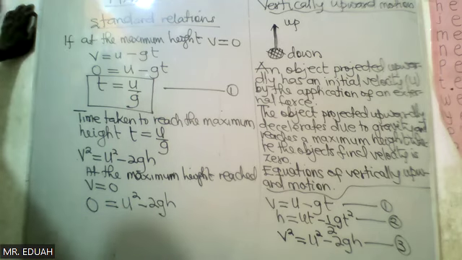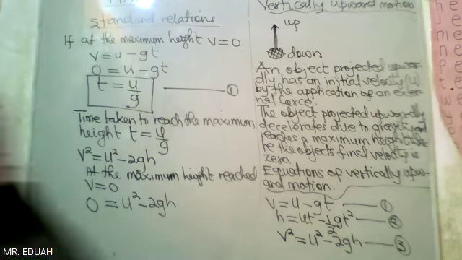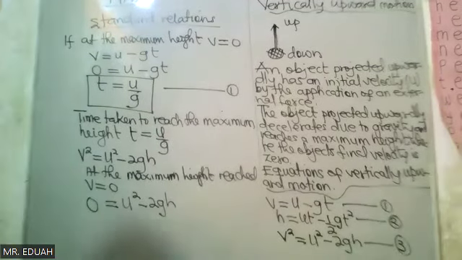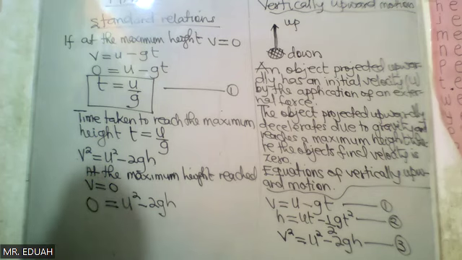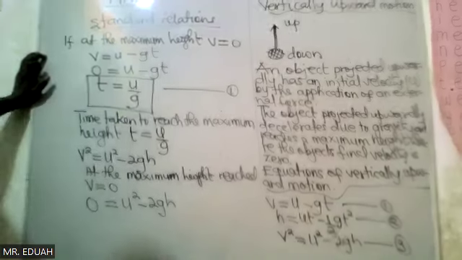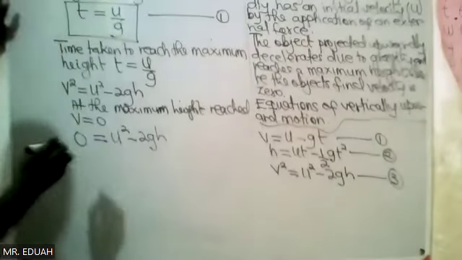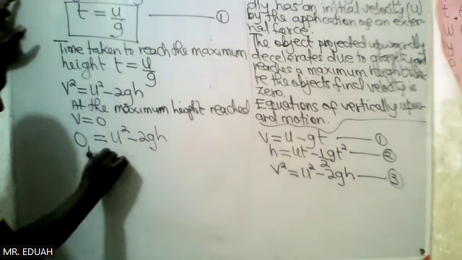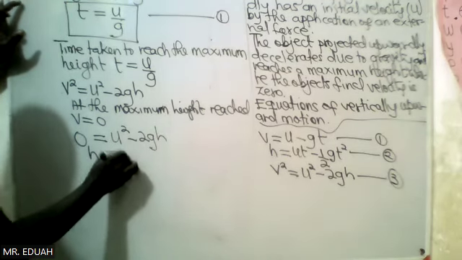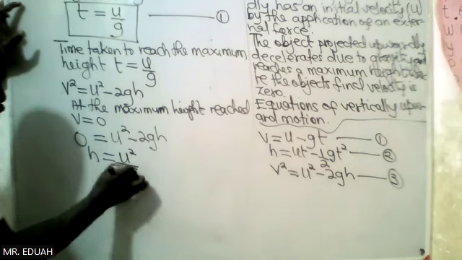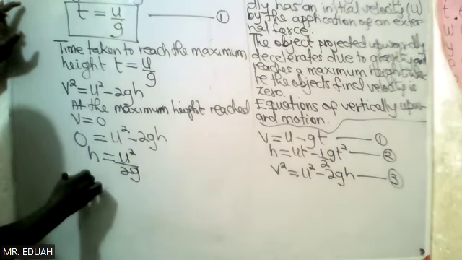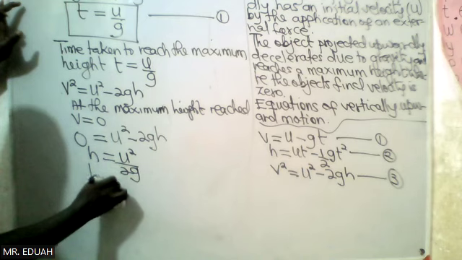Josiah, go ahead. h is equal to u squared over 2g. And this h is h maximum.